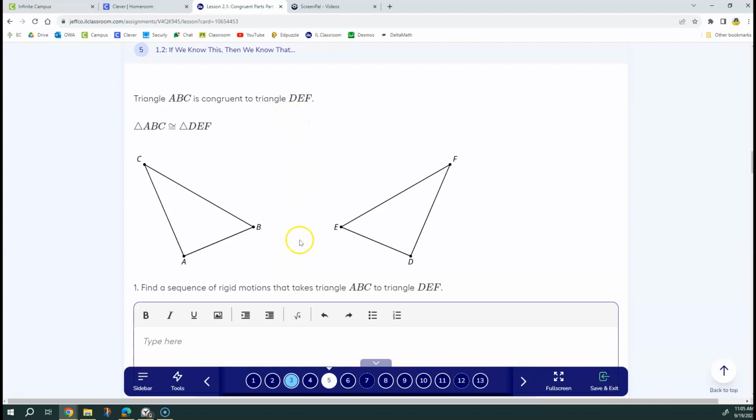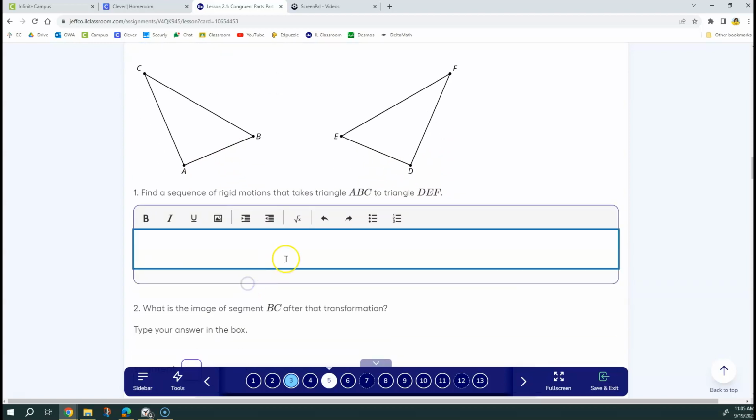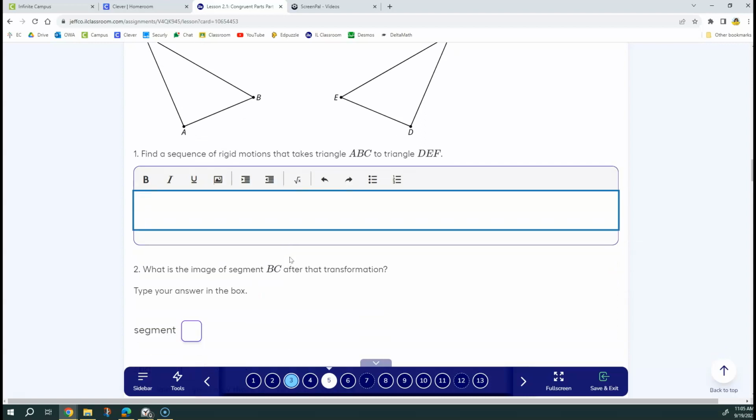So a vertical line right here. And what I see is that a reflection has occurred across that vertical line. That's what I'm seeing. There are other ways that this triangle could transform from ABC into DEF, but that was what I saw, a reflection there.